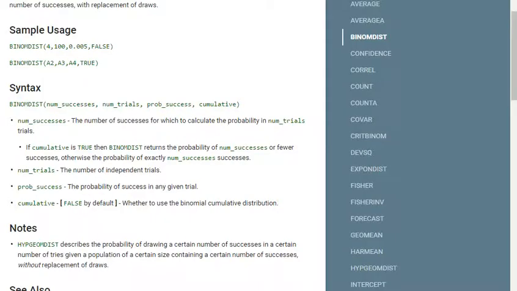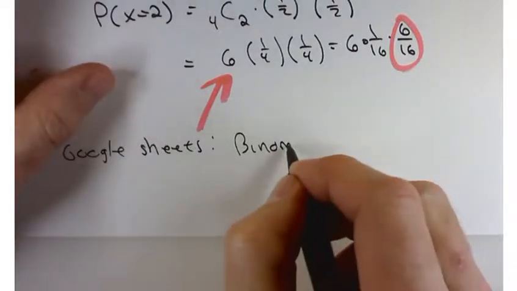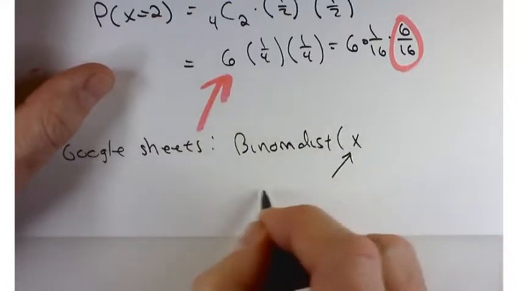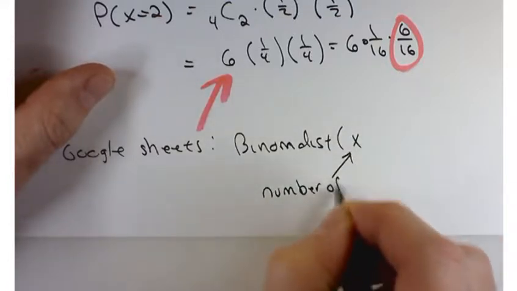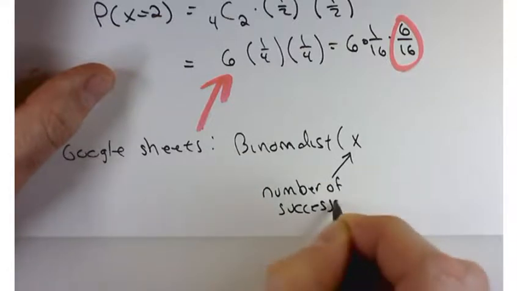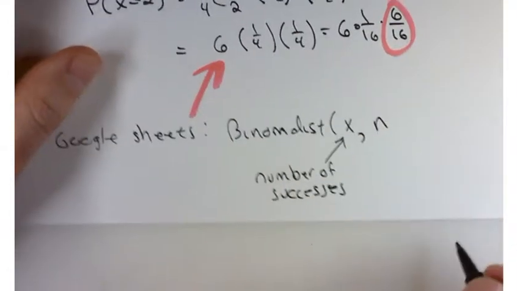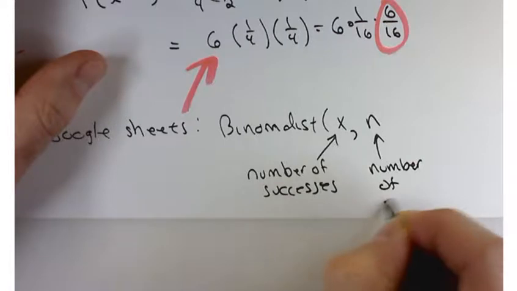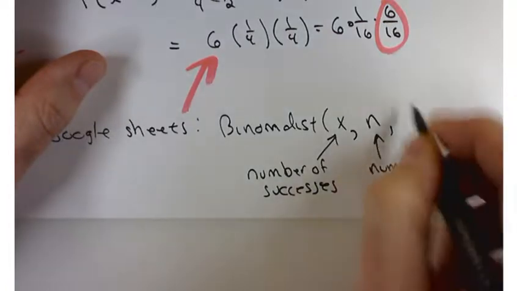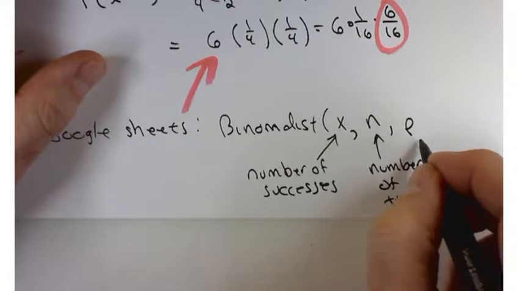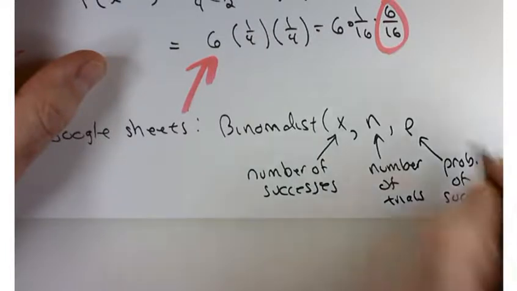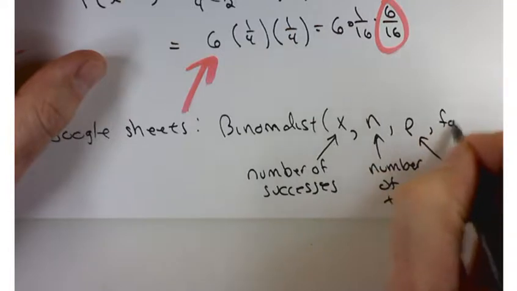All right, so binom dist, x, which is going to be your number of successes, n, which is the number of trials, and then p, which is going to be the probability of success, and then for now and in the near future, we're just going to type false here.